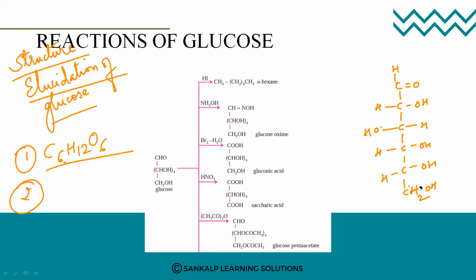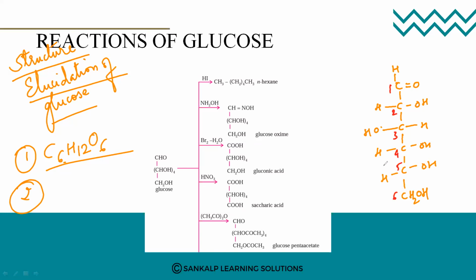So this is the open structure of glucose. How many carbon atoms? Just count here: one, two, three, four, five, and six.